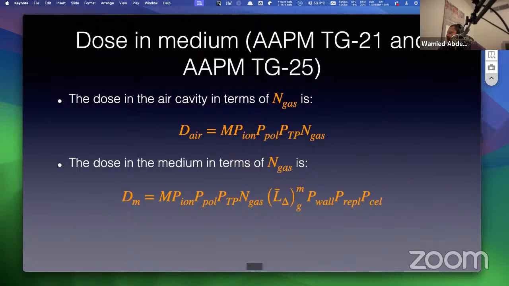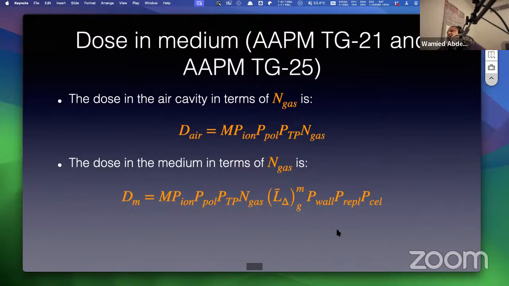That factor is given by the dosimetry lab. Whereas if the dosimetry lab gave us an N-gas, then we need to figure out all of these other factors. In general, they will not give us these factors, but you could find them, for example, in protocols like TG-21 or TG-25.